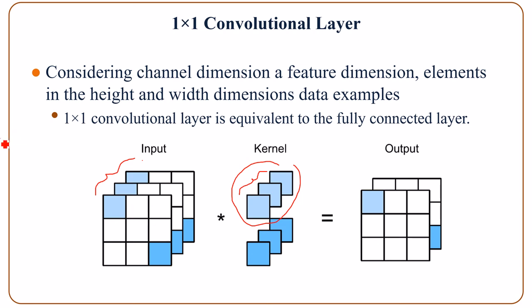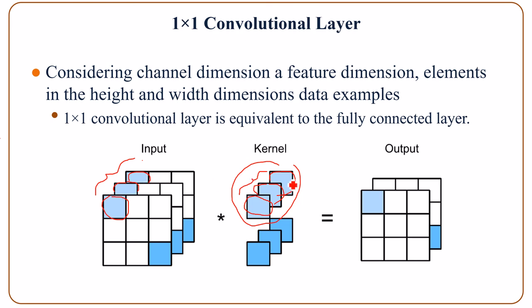We take the value of this pixel times the value of this element in the kernel, the value of this pixel times the value of this element in the kernel, and again the value of this pixel times the value of this element, and then we sum all the multiplications together.